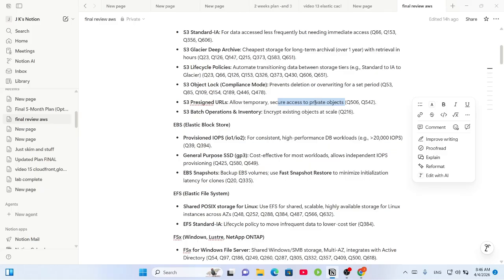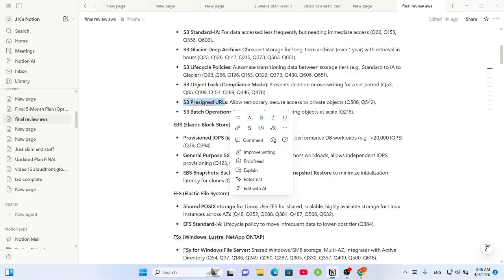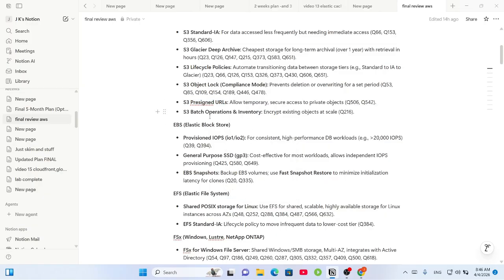You don't want everyone to access this bucket. You just want to allow someone to have access to this bucket temporarily. So you can just make a pre-signed URL and share it with them, and they will have access to it.